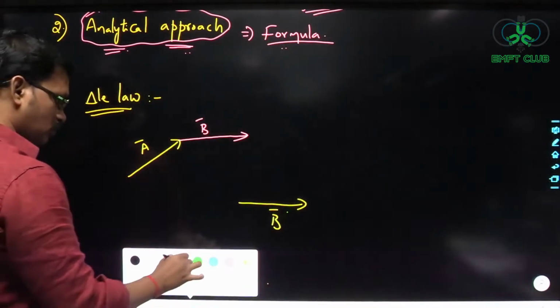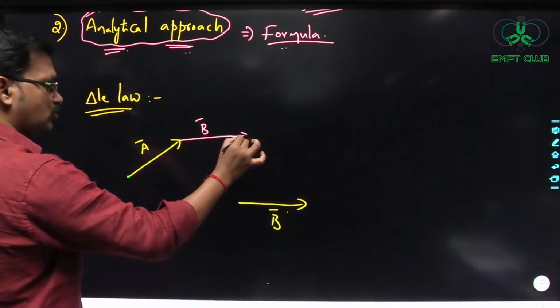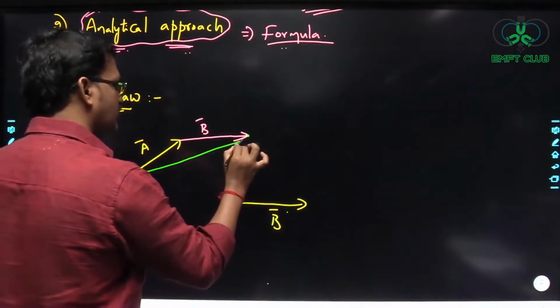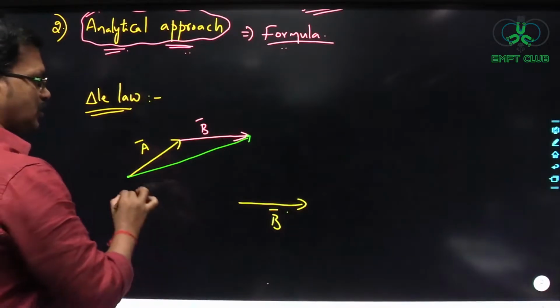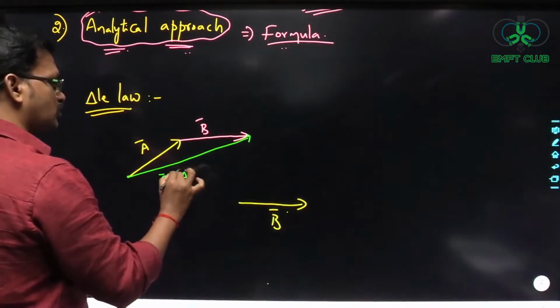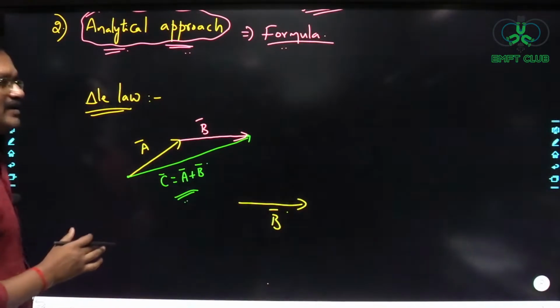Now join the tail of a bar to the head of b bar. This gives you the resultant vector c bar, which is equivalent to a bar plus b bar. So this is the triangle law of addition.